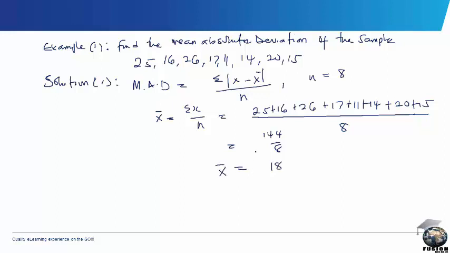To make things look neater, we form our table. We have x bar and we have n. The first column stands for the x values, the second column will be for the |x minus x bar| values, and then the third column. This will help us to do our computations easily.